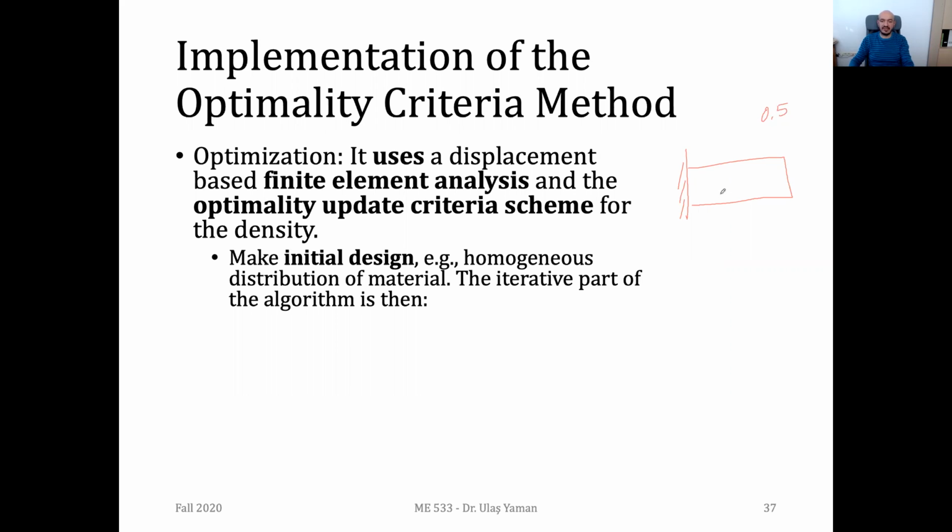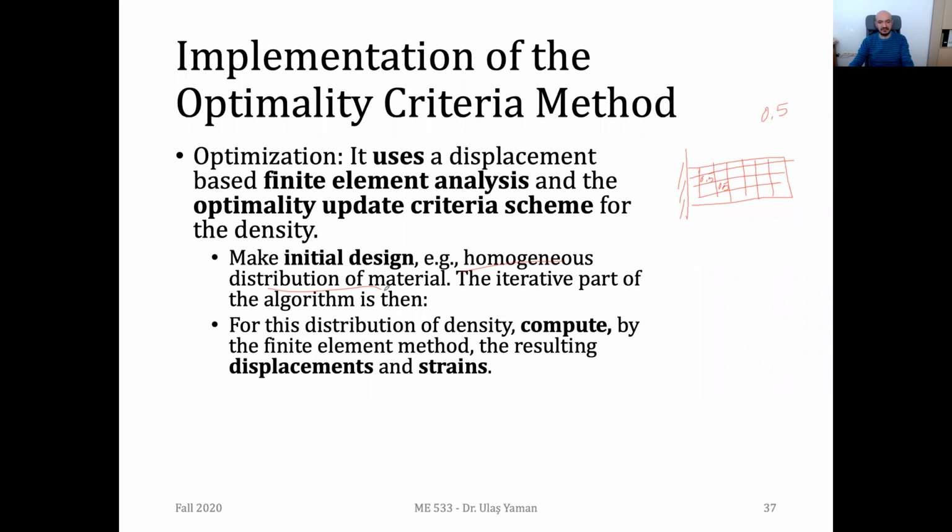So at the beginning, we distribute our material into these finite elements such that the resulting volume will be equal to 0.5 times the whole volume. The simplest thing is to have densities of 0.5 in each cell. So this is how we do the homogeneous distribution of our material.